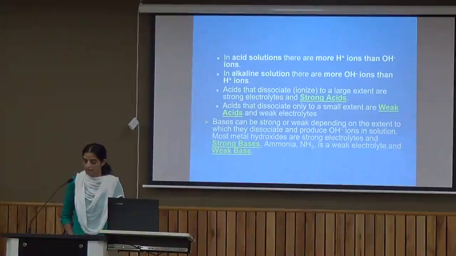And acids which furnish hydrogen ions to a small extent in water are called weak acids. Since they are weak acids, they are weak electrolytes. Similarly, strong acids are strong electrolytes.